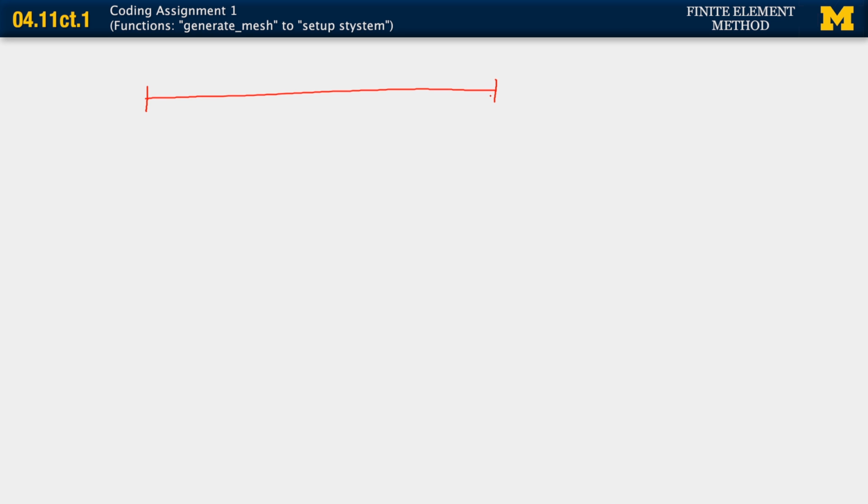So again, as an example, let's create a domain here, and for simplicity, I'll create 4 elements. And on the top, I'll do the x coordinate. So this isn't the real domain. We're going from 0 to 1. That would make these 0.25, 0.5, and 0.75.